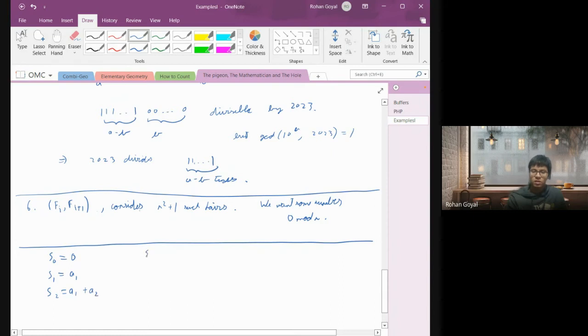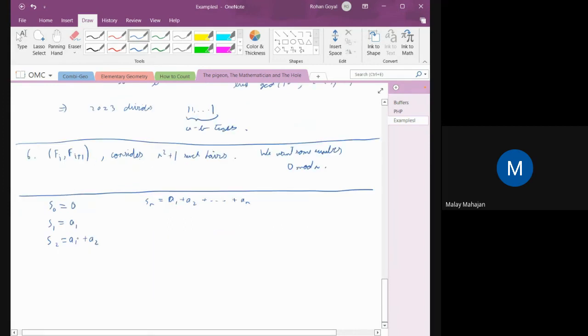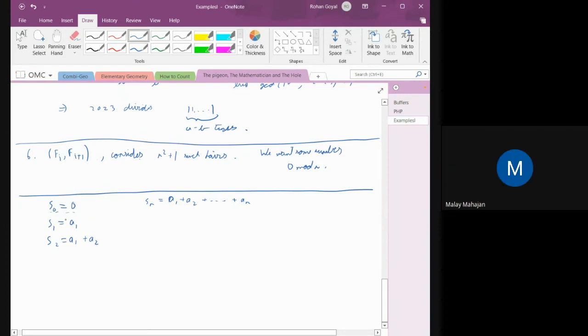Okay. So let's say Sn is equal to A1 plus A2 plus all up to AN. These are what you're defining, right, Malik? No, I defined it from A1, A1 plus A2, all up to A1 plus AN. Yes, I just added a 0 for convenience. Okay. So now these are n numbers, and if any one of them is divisible by n, then we are done because these are consecutive.